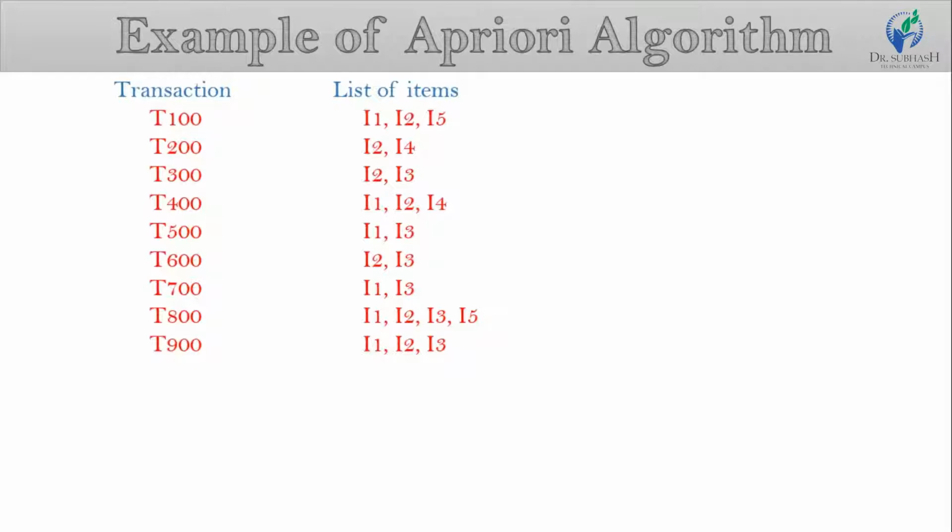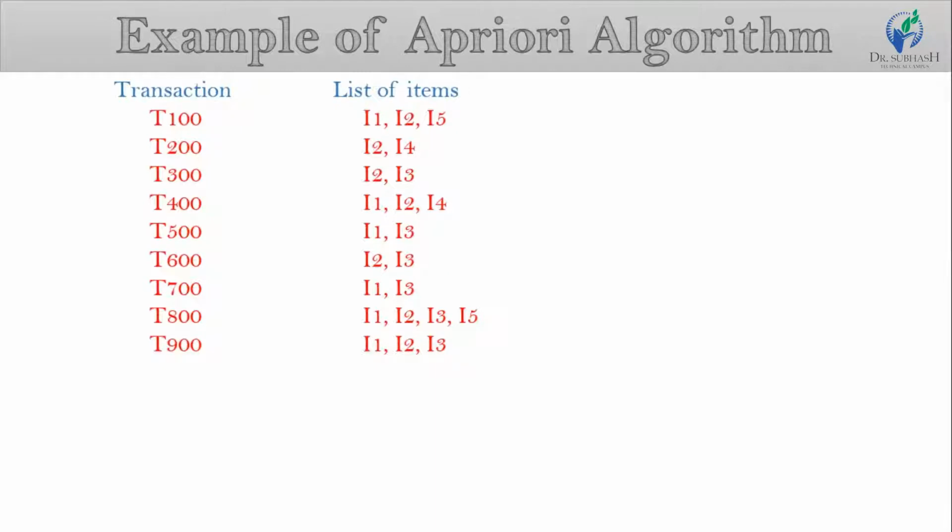In transaction T500, they include I1 and I3 items. In transaction T600, they include I2 and I3 items. In transaction T700, they include I1 and I3 items. In transaction T800, they include I1, I2, I3, and I5 items.